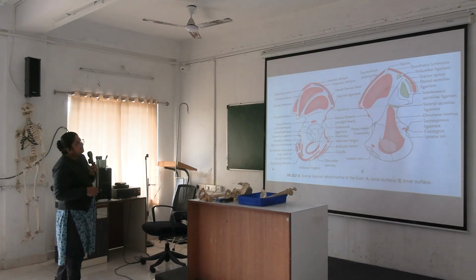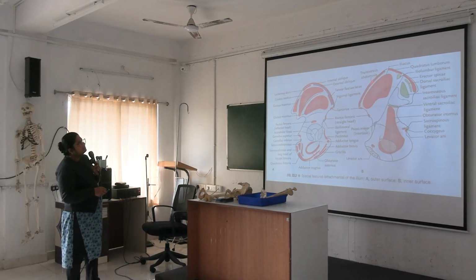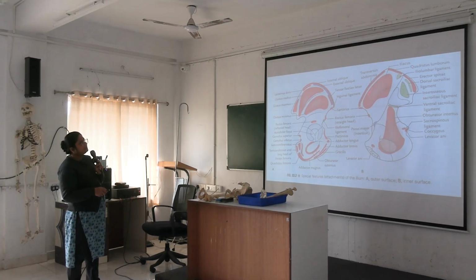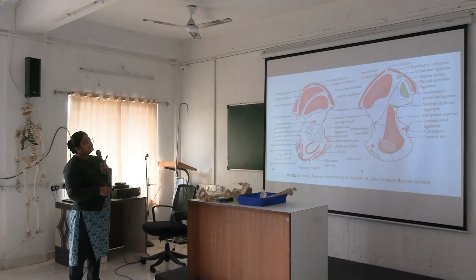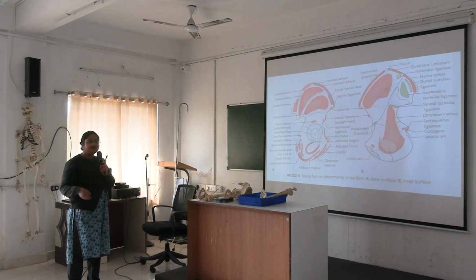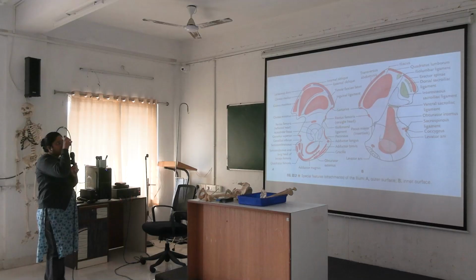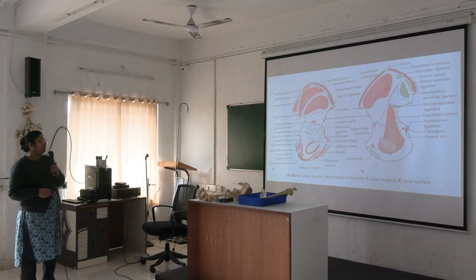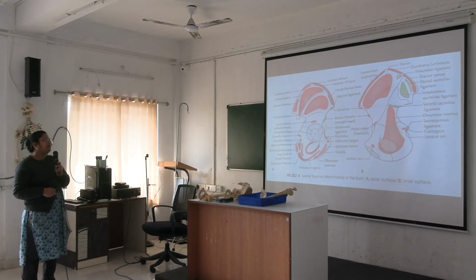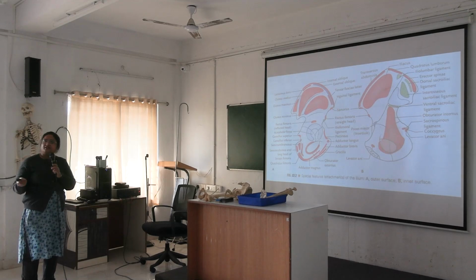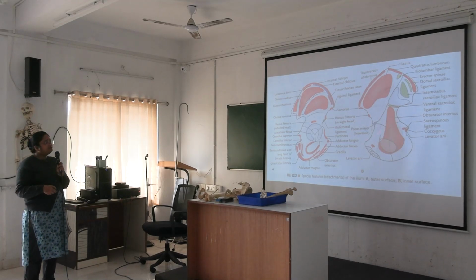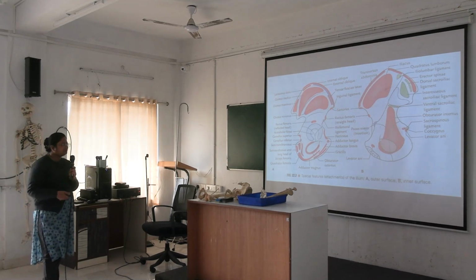iliacus muscle. And along the inner margin, you can see the transversus abdominis, here sartorius, quadratus lumborum, and the dorsal one-third, erector spinae. And here is psoas minor near the iliopubic eminence. This is sometimes absent also.